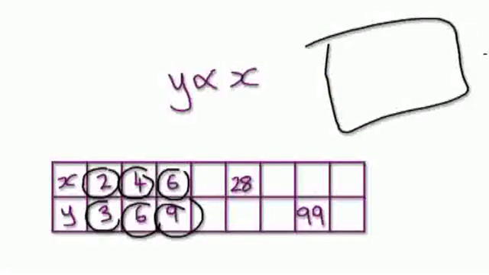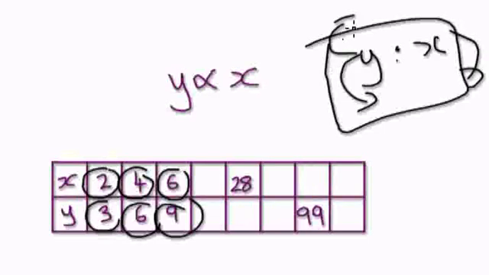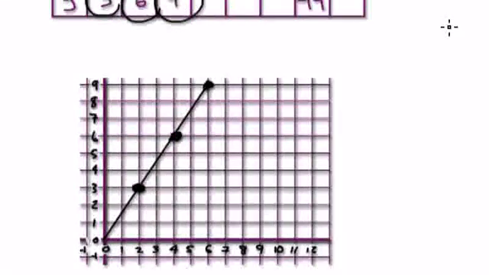Whenever you have that kind of relationship where when you double this, you double this, and when you half this, you half this, it always forms a straight line when you plot the points.